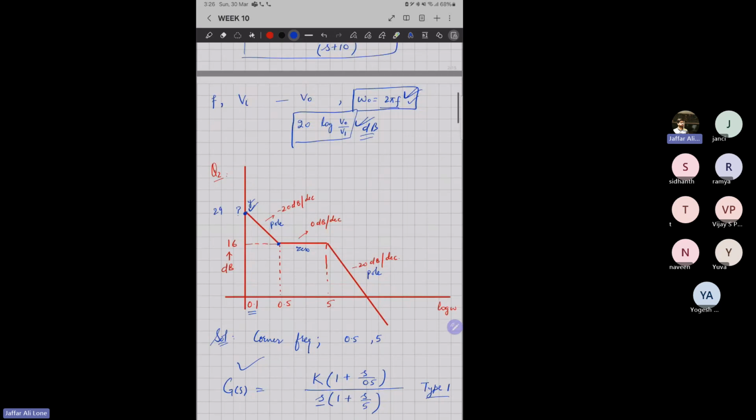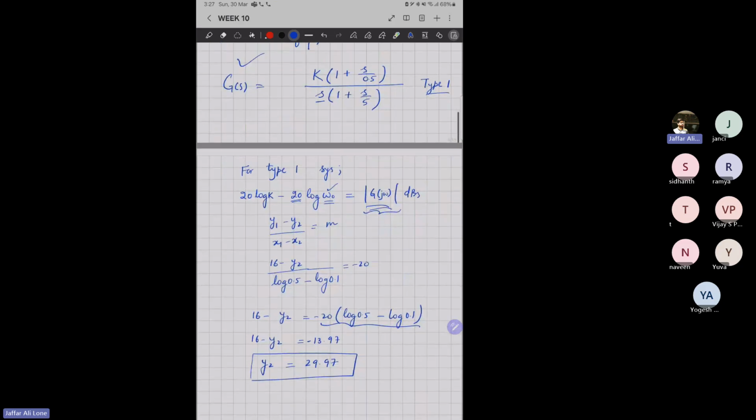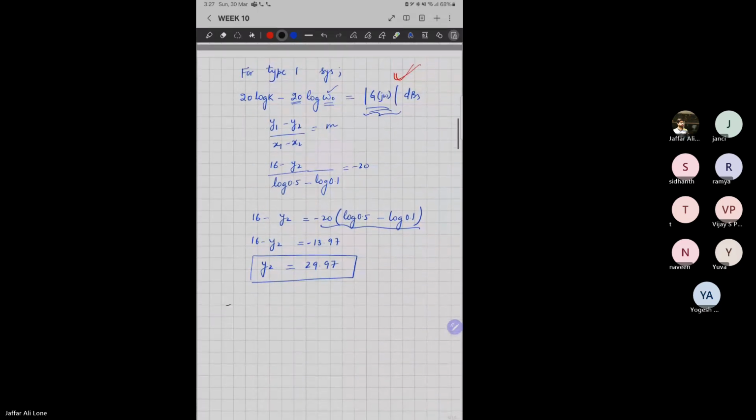This is 29.97, right? Now we can apply this formula. So 20 log of k minus 20 log of omega naught, which is 0.1, is equal to 29.97 decibels, right? So it will be 20 log of k minus 20 log of 0.1. 0.1 will be 1, so it will be minus 20.